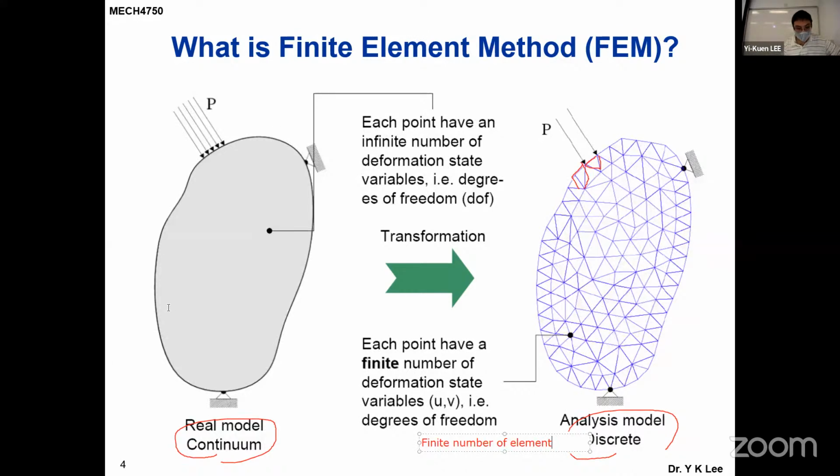So most likely the continuous problem is a PDE, partial differential equation, and then we discretize and it becomes an ODE, an ordinary differential equation. PDE is much more complicated.